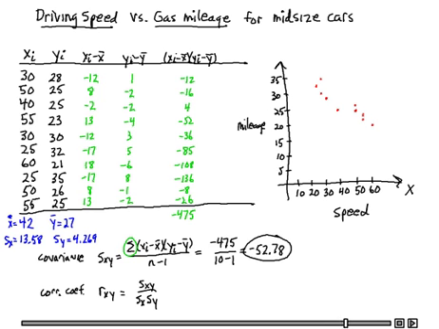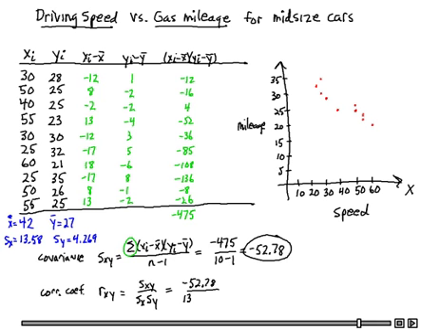Okay, looking at the correlation coefficient, it is the covariance. So negative 52.78, I've already calculated that, divided by the product of the standard deviations, and I calculated those earlier.